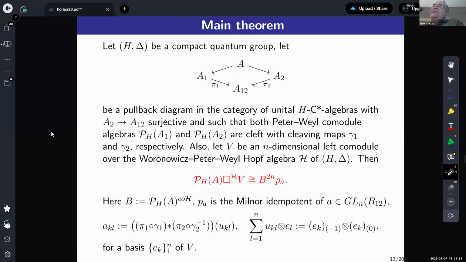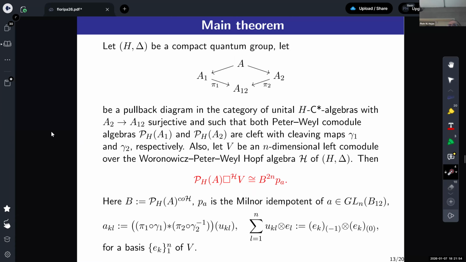And I claim that this is precisely the matrix which then can be used for the Milnor idempotent to give this associated bundle. So that's the essence of the theorem, right? Give me a representation or a co-representation defining this association. So this gives me abstractly a finitely generated projective module, all right?